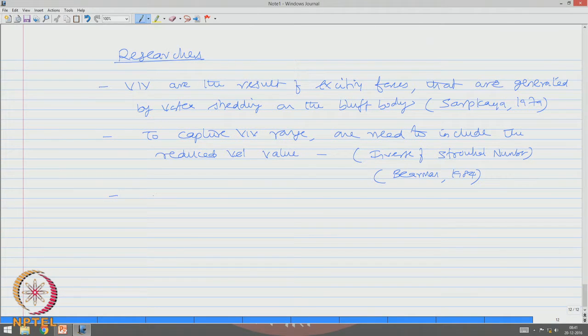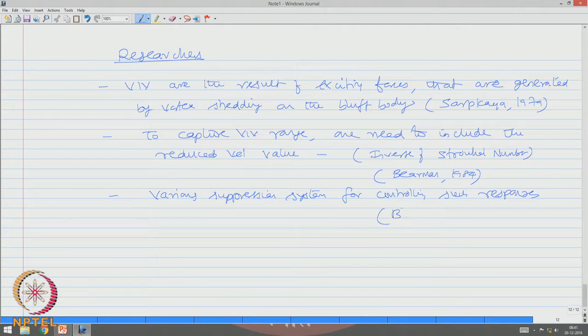People have also proposed various suppression systems for controlling such responses.